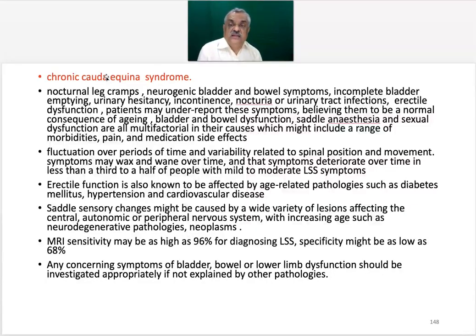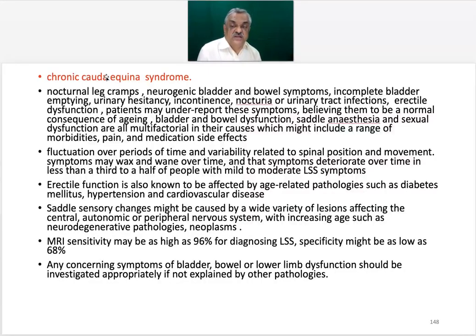Here we are dealing with chronic cauda equina, and what we see is nocturnal leg cramps, neurogenic bladder and bowel symptoms, incomplete bladder emptying, urinary hesitancy, incontinence, nocturia, urinary infections, recurrent erectile dysfunction, and patients may underreport these symptoms, believing them to be a normal consequence of aging. Bladder bowel dysfunction to a high degree may be present.